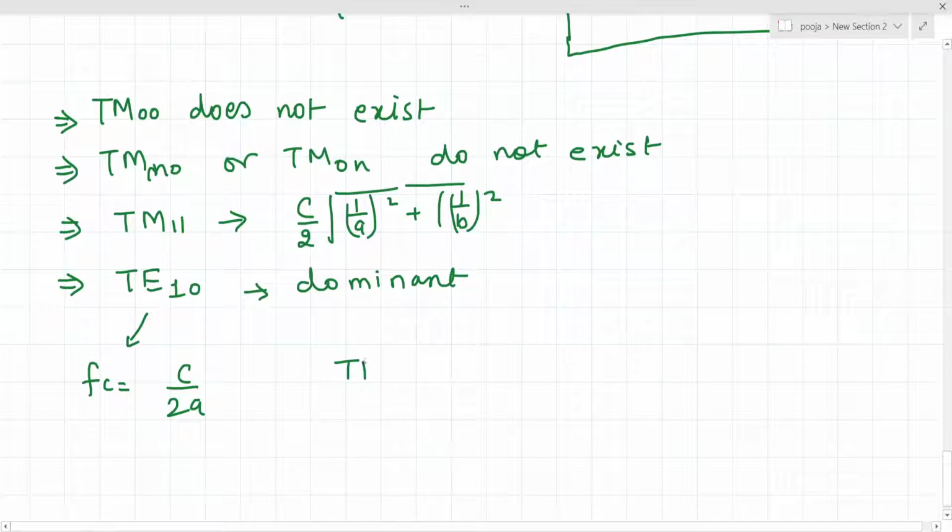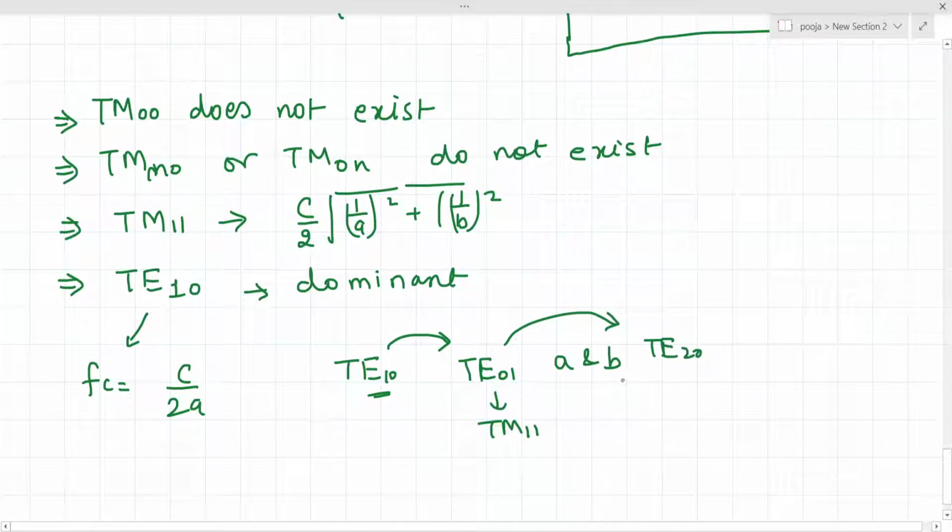After that, the next mode with higher frequency than TE10 will be either TE01 or TM11, depending upon the values of a and b. Next it may be TE20 or TM11, anything is possible, but the mode with the lowest cutoff frequency will be TE10.